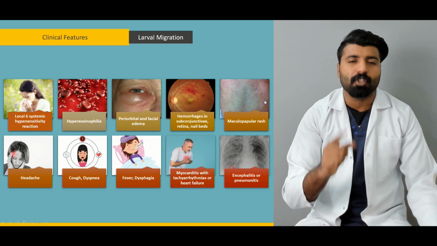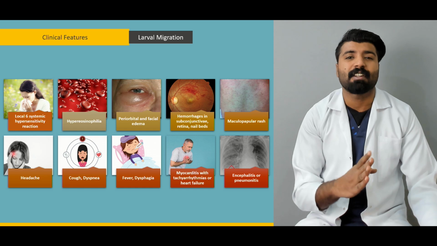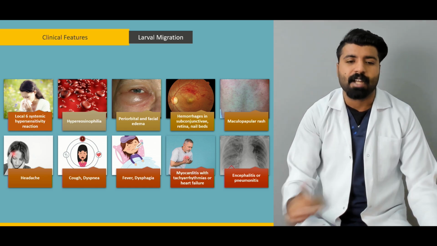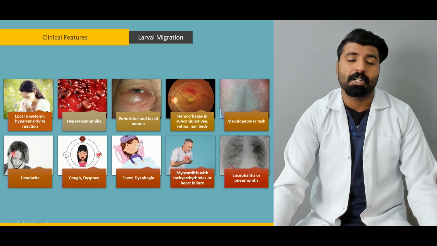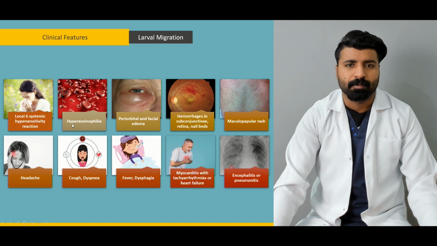Now, maculopapular rash can also be because of hypersensitivity reactions, but basically, if it infestates your skin, you'll get maculopapular rash. If it's in your blood, if it's disseminated, you're going to have hypereosinophilia and these local and systemic hypersensitivity reactions.